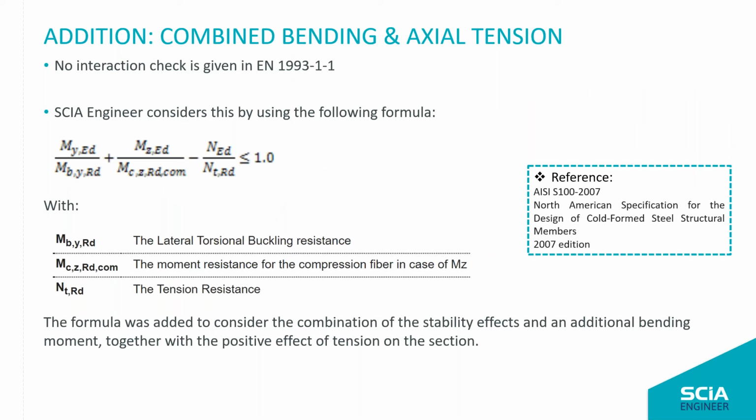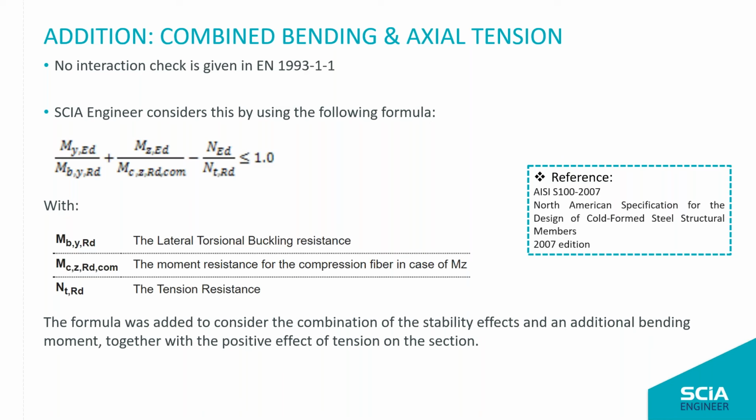Finally, we have another combination possible, which is the bending combined with the axial tension. The Eurocode doesn't give a check for this. The Eurocode, this does give guidance in the one for cold formed.